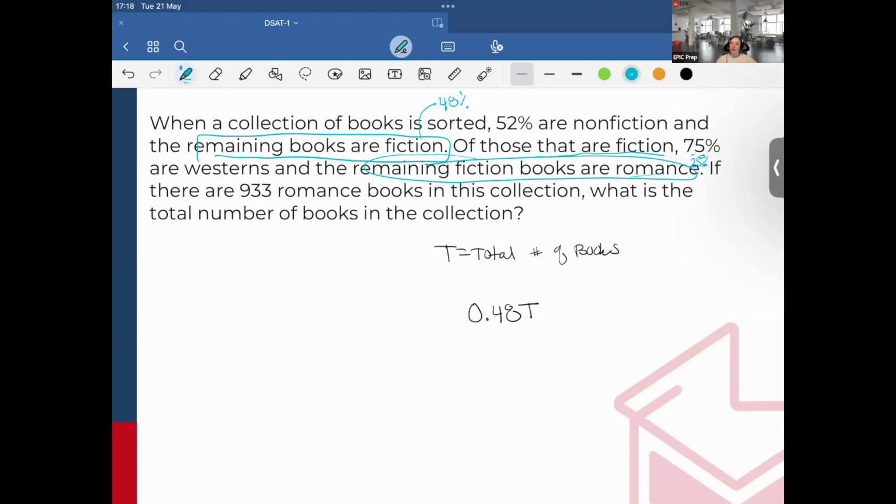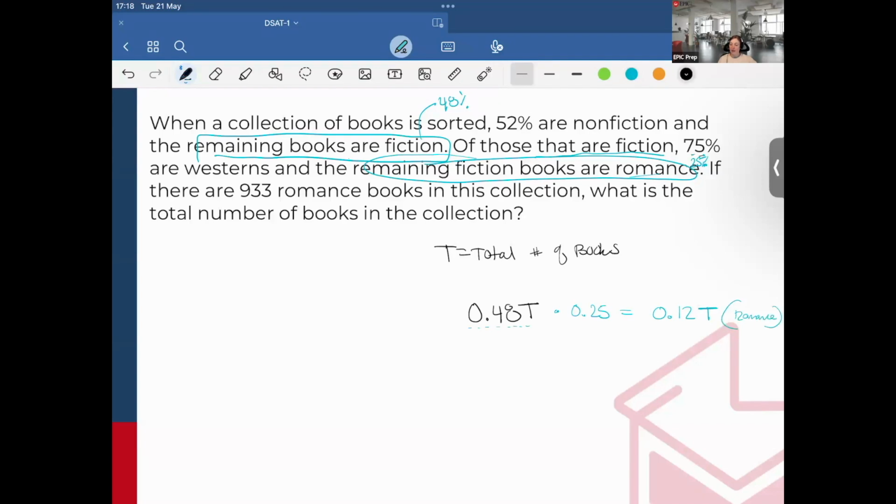So then romance would be equal to 48% of the total books multiplied by 0.25 for the romance books. That's equal to 12% of the total. So 12% of the total are romance books.